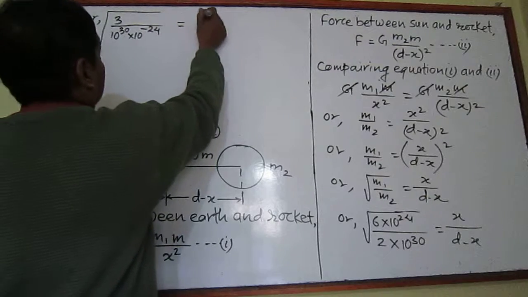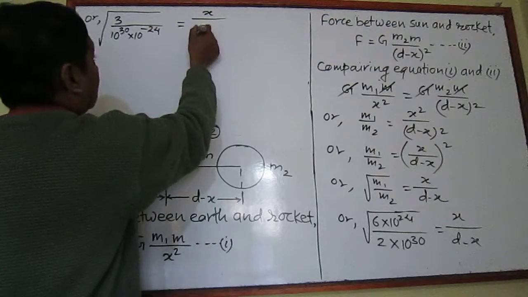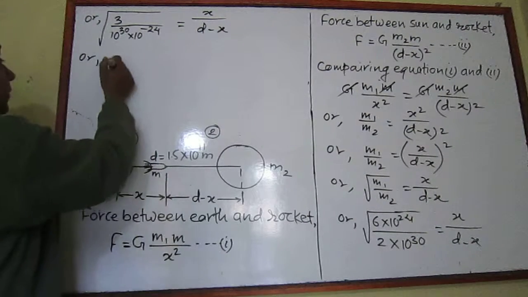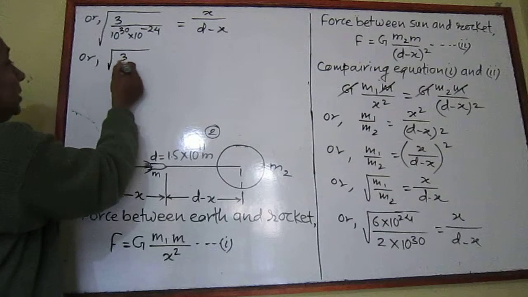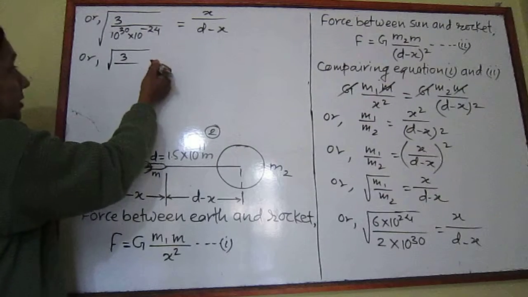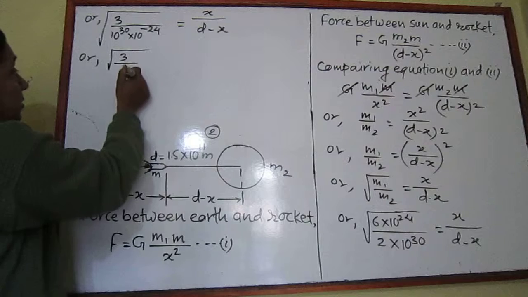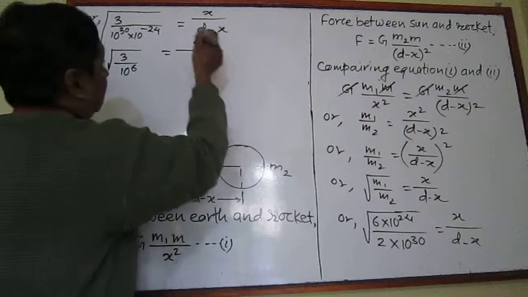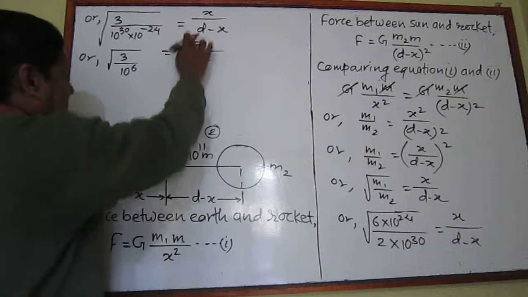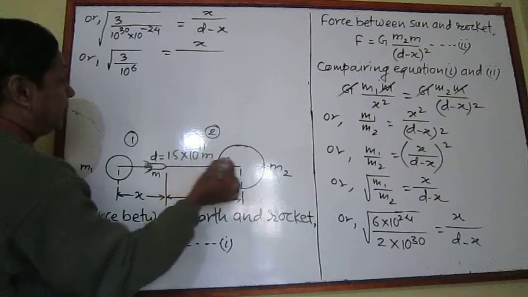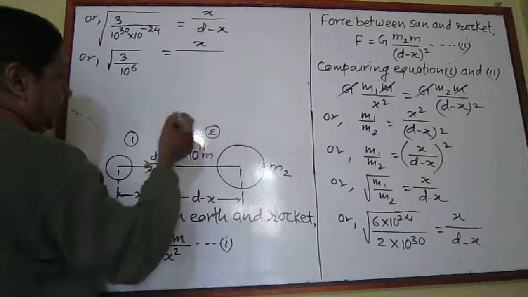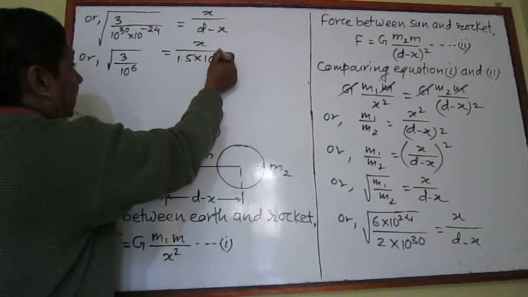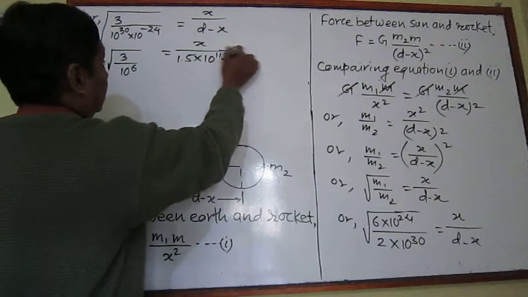This is equal to x upon d minus x, or root over 3 upon 10 to the power 30 minus 24, which becomes 10 to the power 6, is equal to x upon, now I want to put the value of d, distance between the Sun and the Earth, which is given as 1.5 into 10 to the power 11, minus x also.